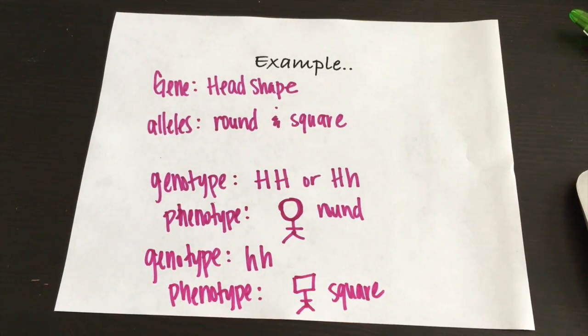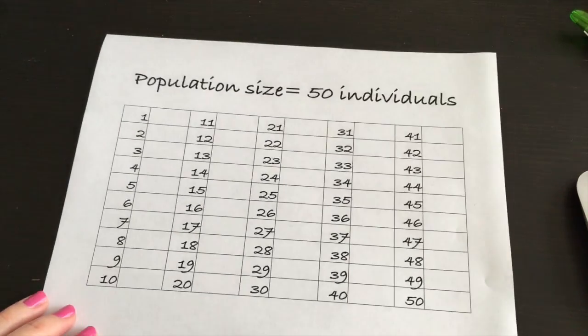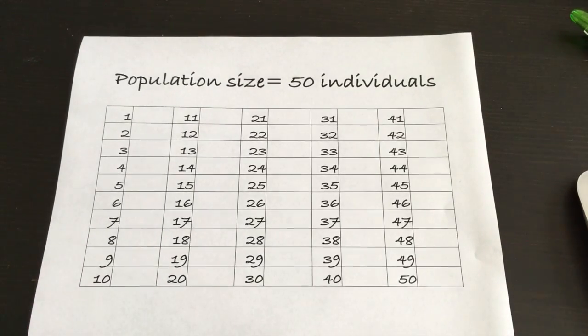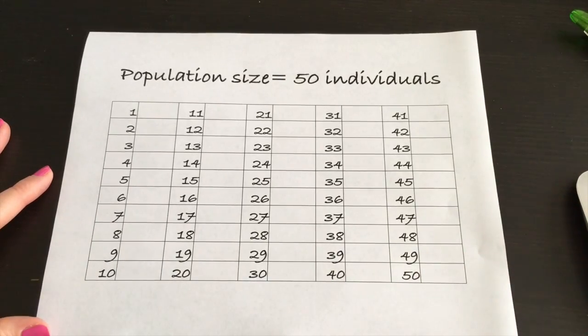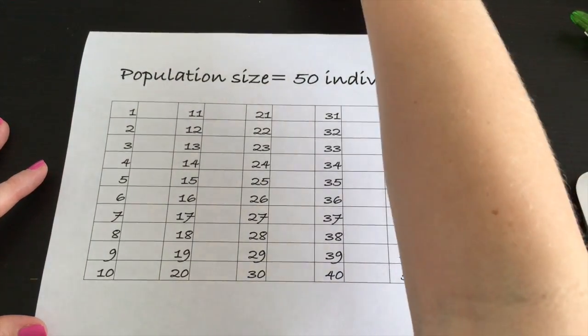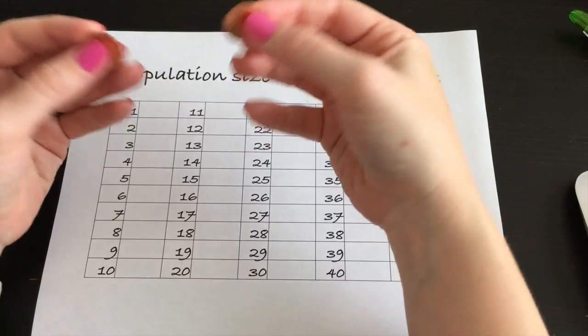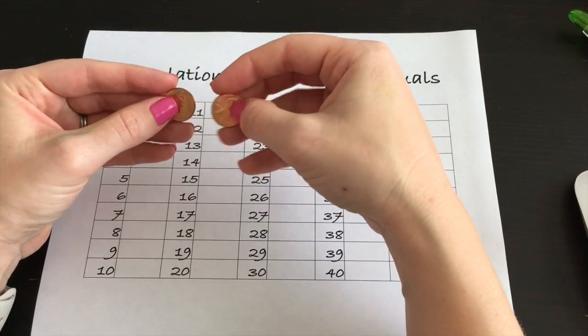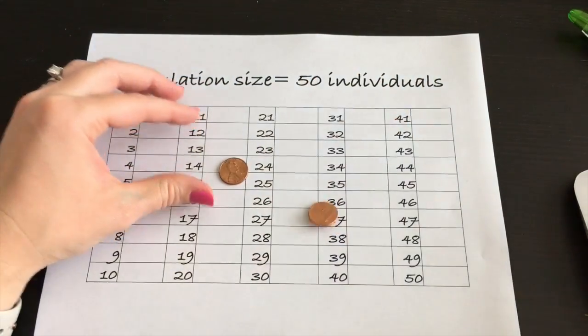All right, so now let's do an example. What I want to do is kind of model, I physically want you to see the genotype of 50 individuals. In order to get these genotypes, I have 2 pennies, and I'm going to toss them.